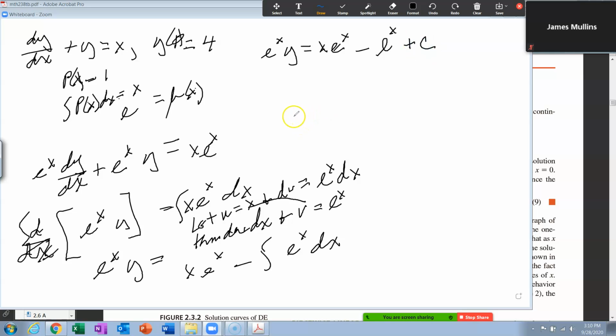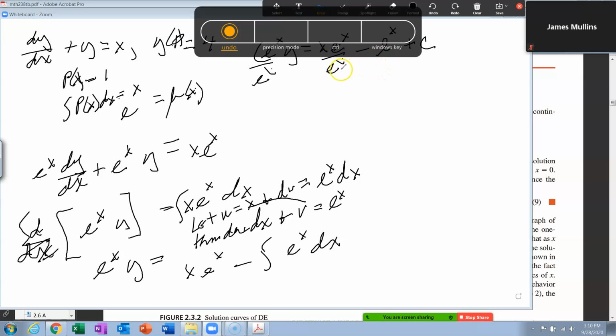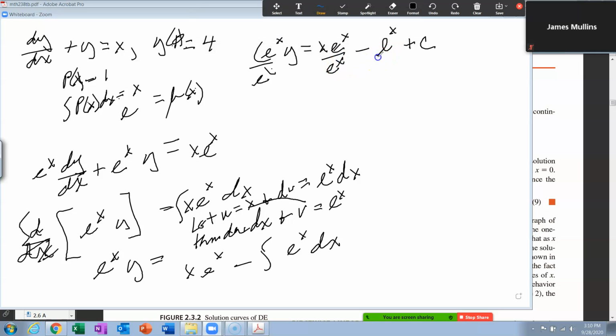Okay, now we're going to plug in our initial values. When x is equal to 0, y is equal to 4. Wait, let's see. Would it be advantageous to go on and divide? It may be. Let's do that first. Divide everything on both sides by e to the x, including the constant.